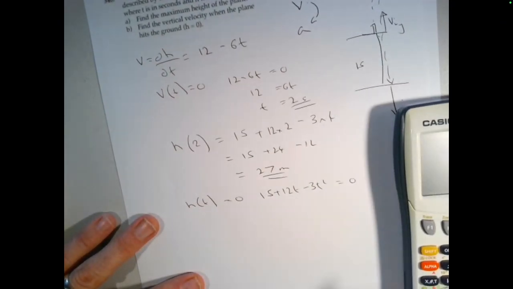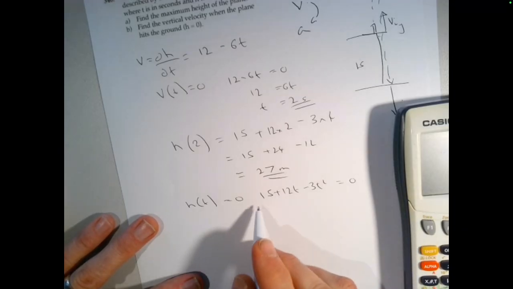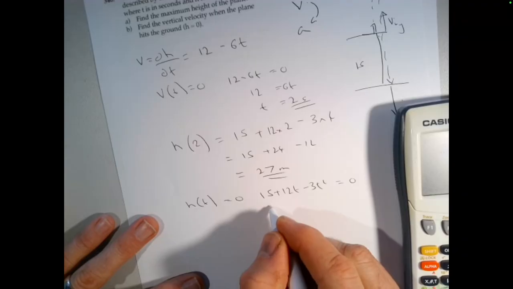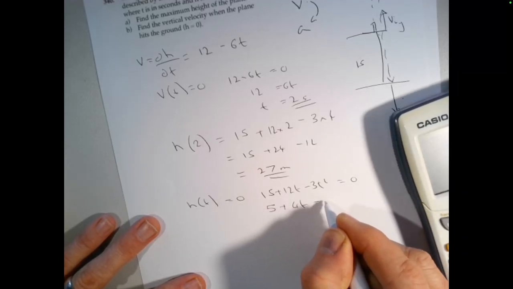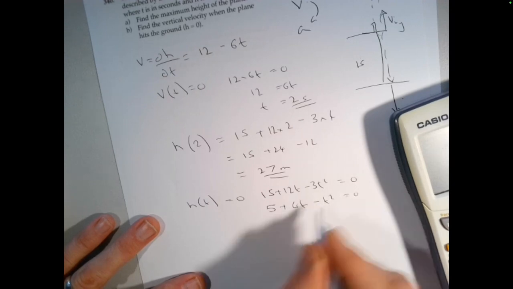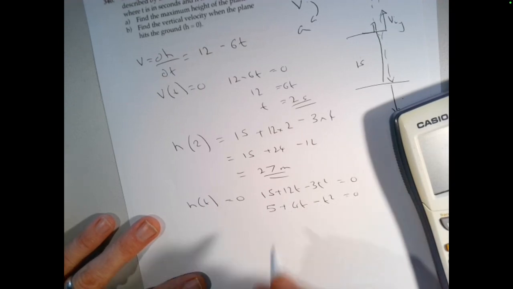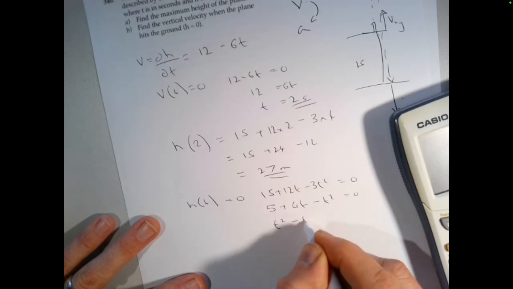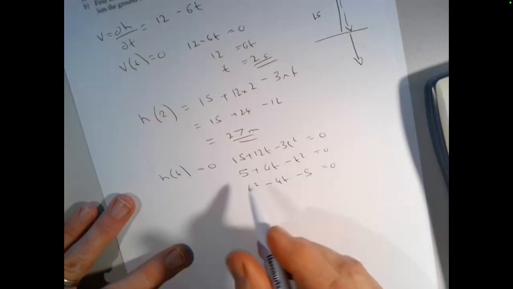You can cut your losses and go straight to here, or because we're purists, let's take a common factor of 3 out. You've got 5 plus 4t minus t squared equals 0. Let's rearrange it, in fact, times everything by minus 1. You're going to get t squared minus 4t minus 5 equal to 0.